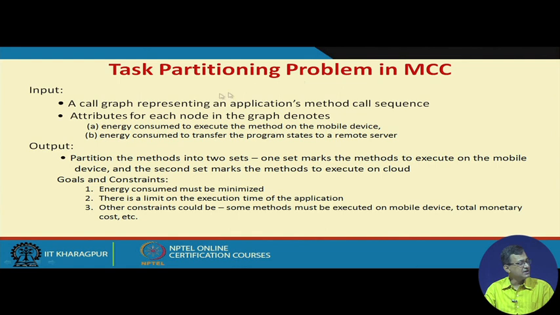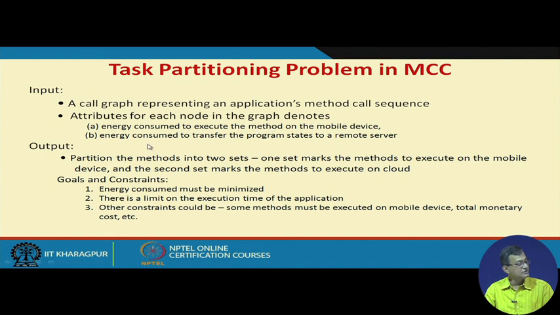In a task partitioning problem in MCC, we typically have a call graph representing the application's methods or call sequence, right. Attributes of each node in the graph denote the energy consumed to execute the method on the mobile device and the energy consumed to transfer the program states to the remote server.